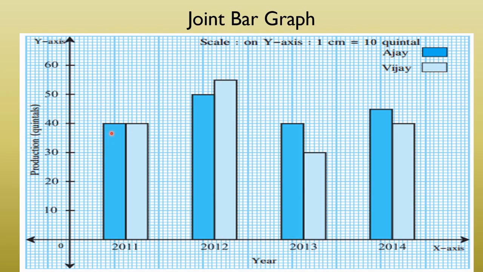Dark blue is Ajay's wheat production, and the light blue one is Vijay's wheat production. Here, comparing Ajay's and Vijay's wheat production also becomes easier. Such graphs are called joint bar graphs.